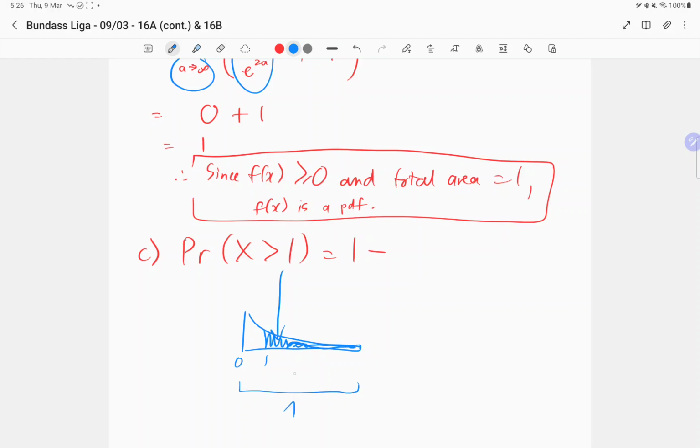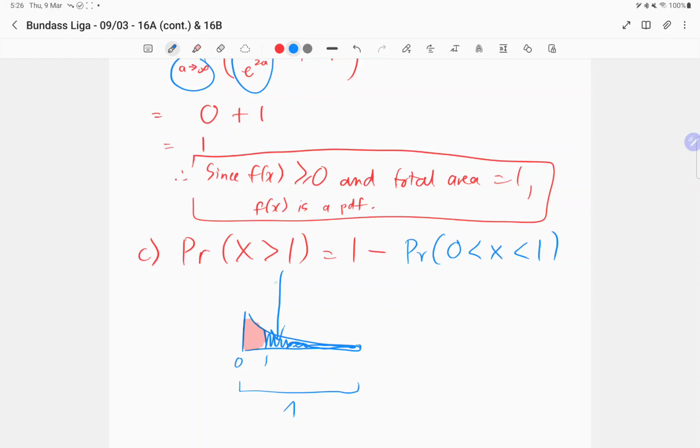So that shaded area is the total area 1 minus what area? Minus this thing, which is the probability of 0 less than x less than 1. Yeah, the area from 0 to 1, essentially.